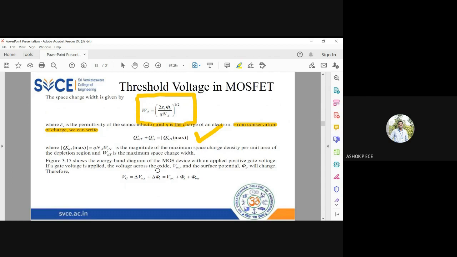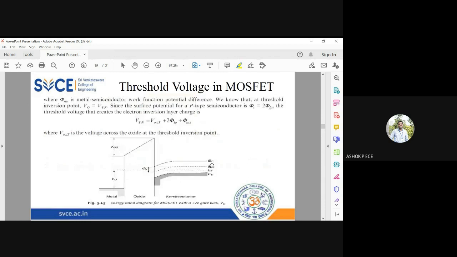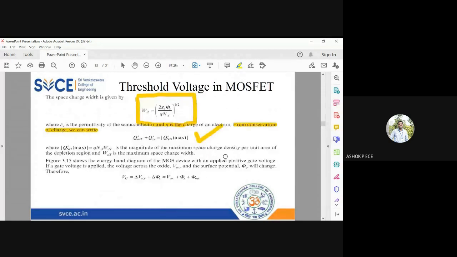Now I can find, from the energy band diagram, if gate voltage is applied, what is the condition for the surface potential. When a gate voltage is applied, you have a voltage across the oxide layer and the surface potential in the semiconductor layer.